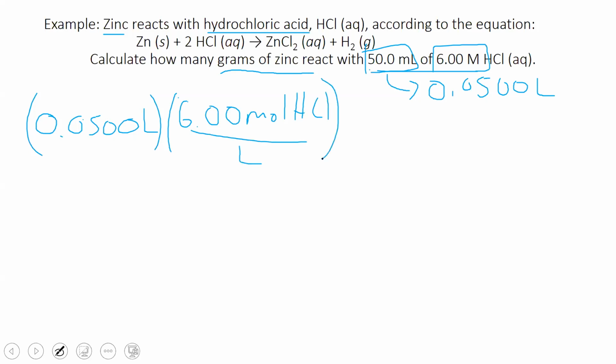I always write out the moles per liter so you can see where the units cancel. The liters cancel out. Then you want to use the mole ratio. In this case, the mole ratio is 2 moles of HCl for every 1 mole of zinc.